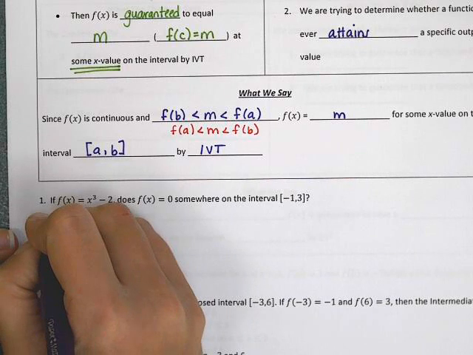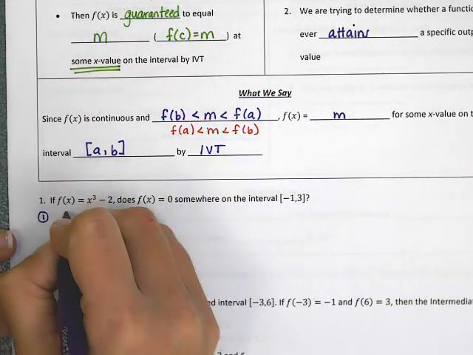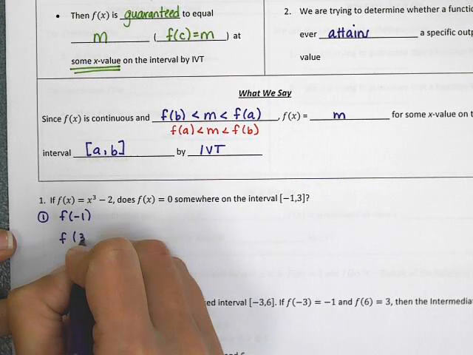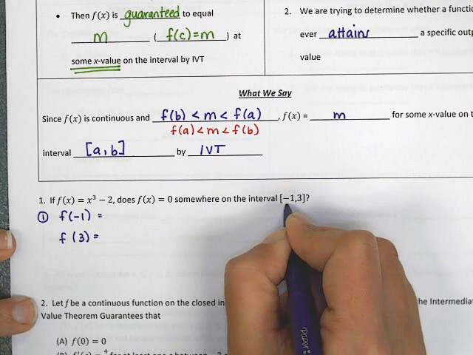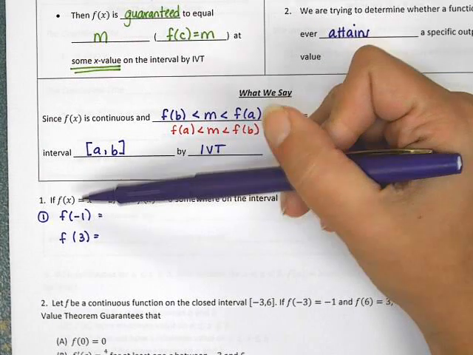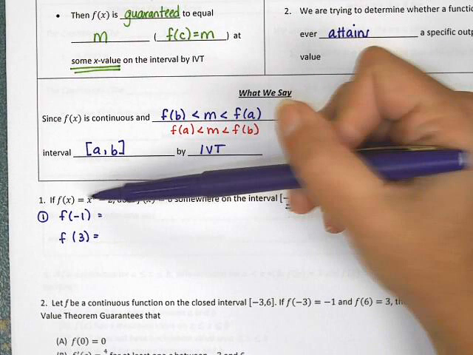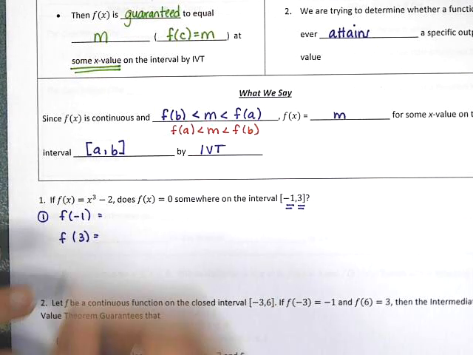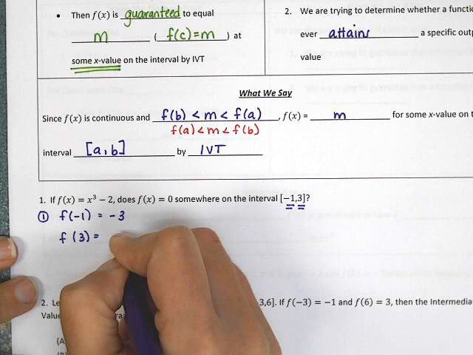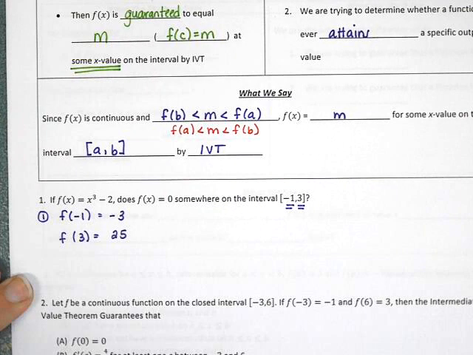So step 1 would be to calculate f of -1 and f of 3. So I'm actually calculating the y values at these two different x's. To figure that out, I would take the -1 and plug it into my original function. -1 cubed is -1 minus 2 is -3. 3 cubed is 27 minus 2 is 25.